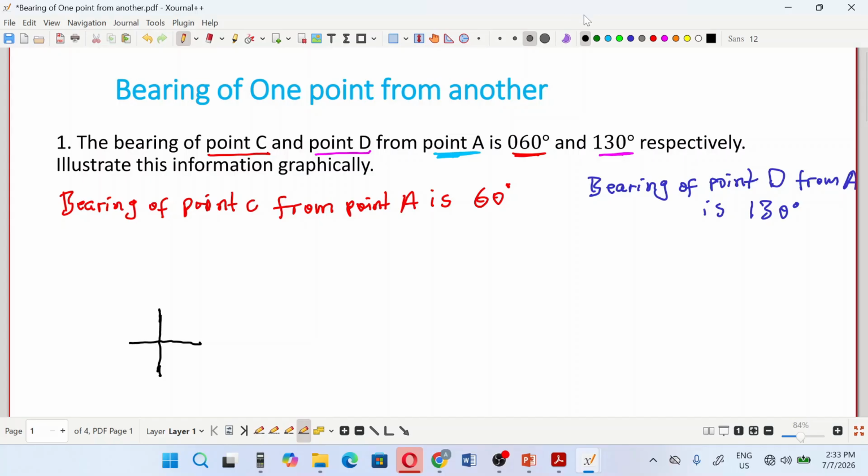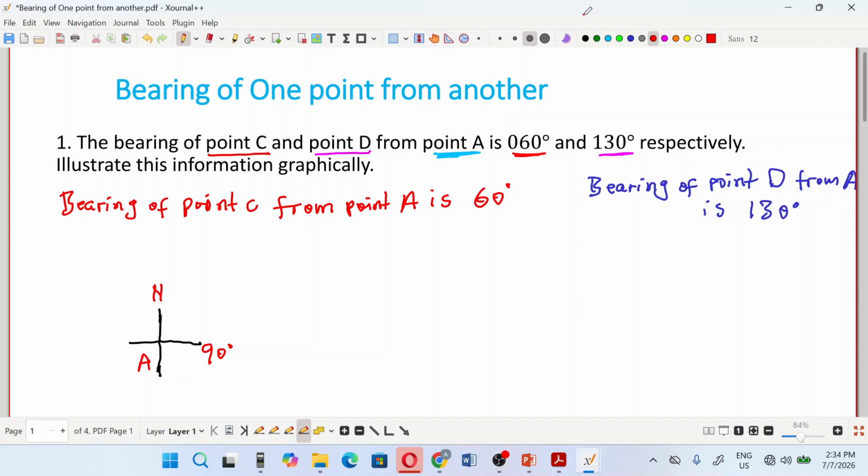So I assume this is my point A, right? This is point A. We know this is 90 degrees. And we know that we say the bearing of point C from point A is 60 degrees. And we said in three-point bearing, we always measure from the geographical north, right?